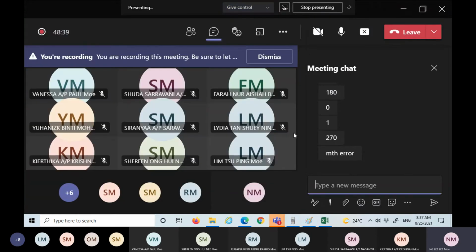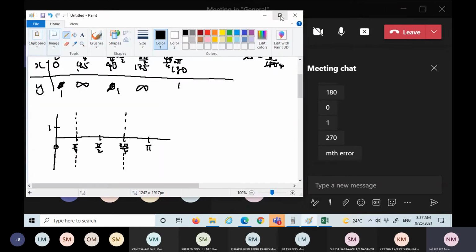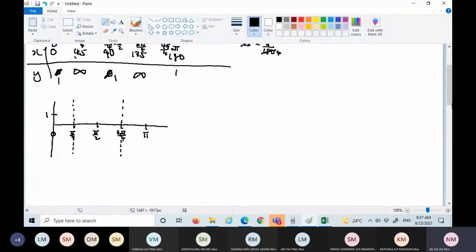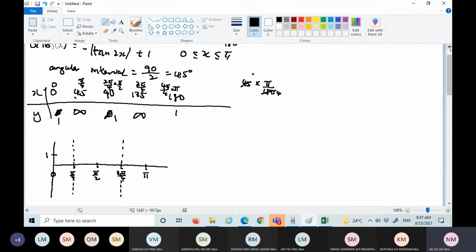Okay, next, remember for tangent, when you have an infinity, you got to test 1 before, 1 after. So you test for the x, 44 degree and 46 degree.